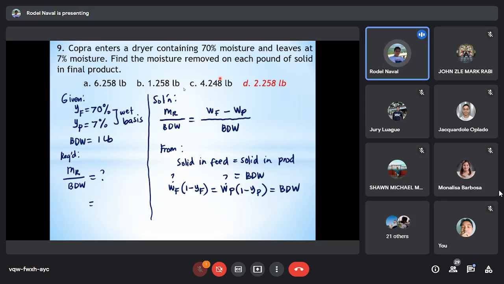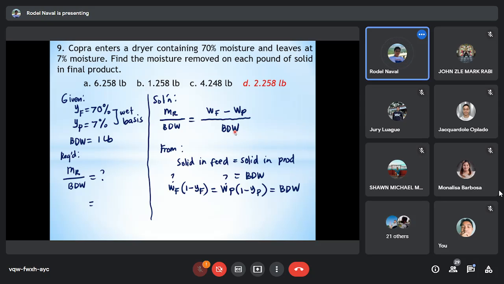So there is an amount of solid, which is the bone dry weight, of 1 pound. And what is asked is the moisture removed on each pound, so moisture removed per bone dry weight. The formula is moisture removed over bone dry weight, and we know that moisture removed is WF minus WP all over bone dry weight.